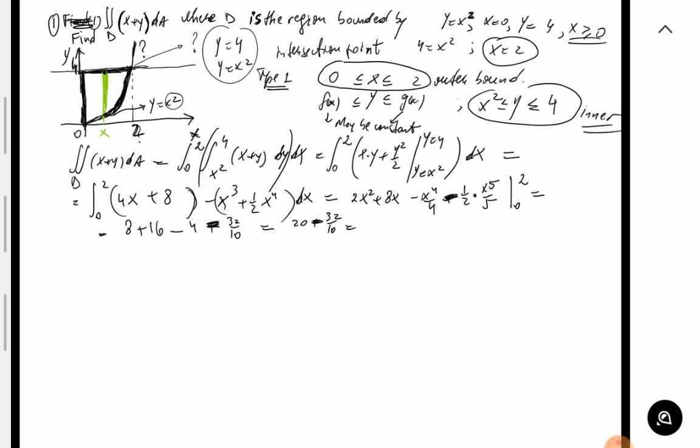Minus 32 over 10. And then that makes it 200 minus 32 over 10, and that's 168 over 10. We can simplify by 2, and that's 84 over 5.